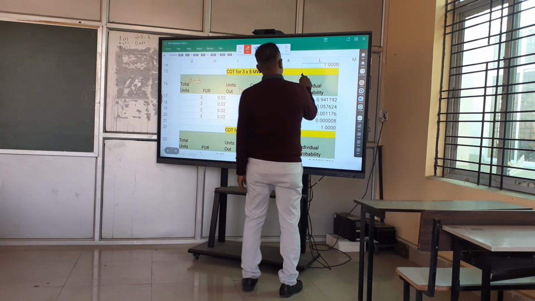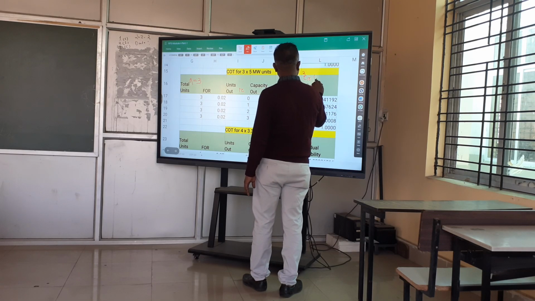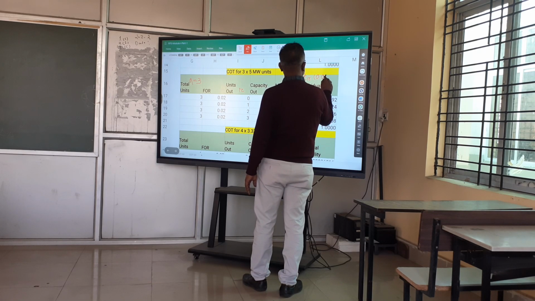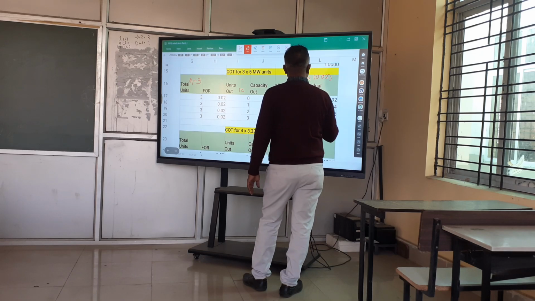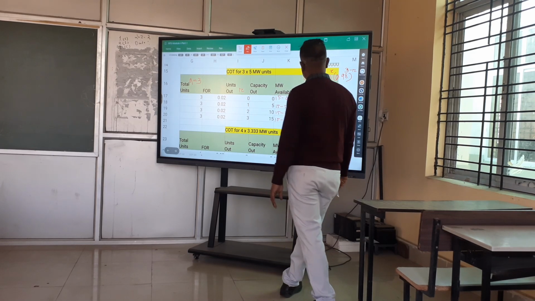The formula in this case will be 3Cr 0.02 to the power r, 0.98 to the power 3 minus r.